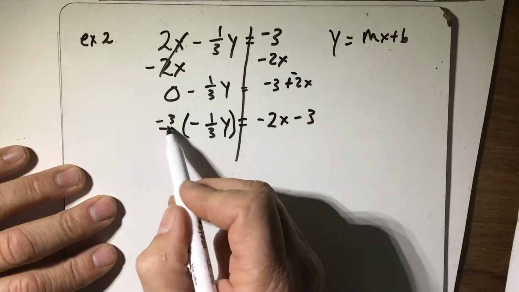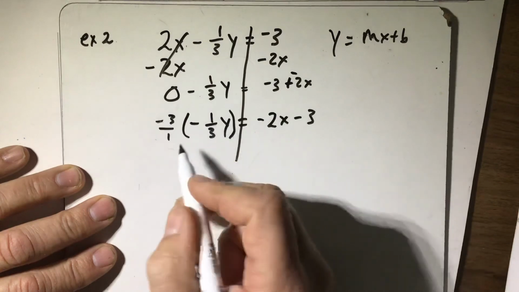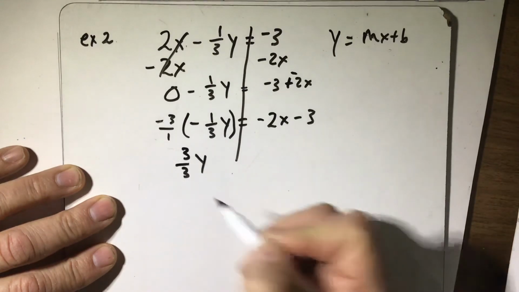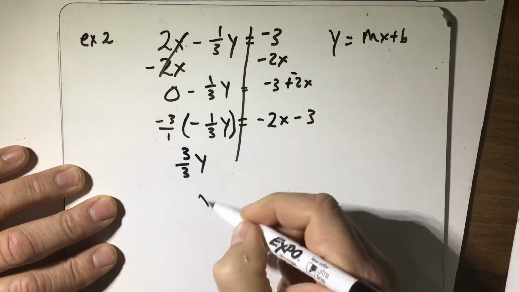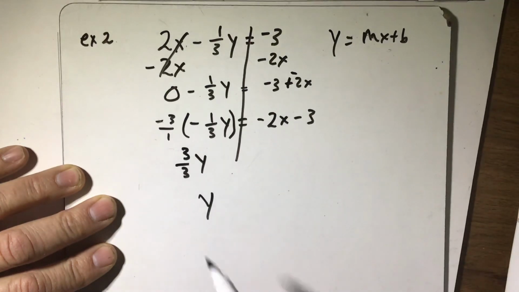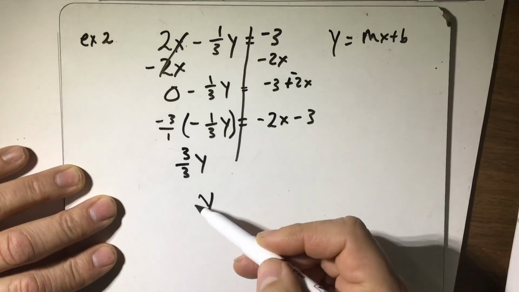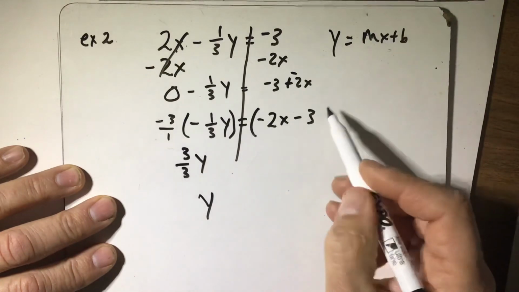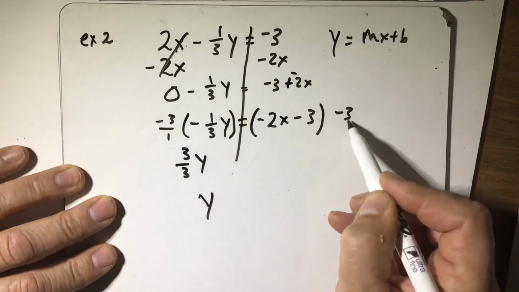So I get negative 3 times negative 1 is 3, and 1 times 3 is 3. So I get 3 over 3y, which is 1y, which is just y. We made that coefficient into a 1. Now if I multiply this term by negative 3 over 1, I have to multiply this whole thing by negative 3 over 1.